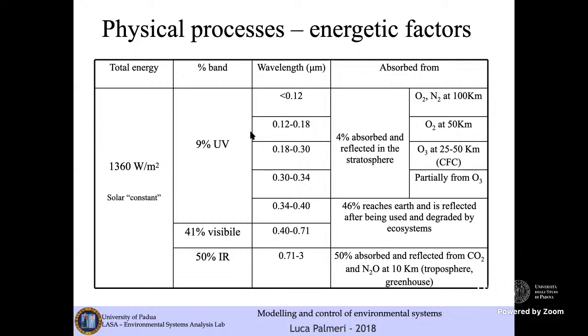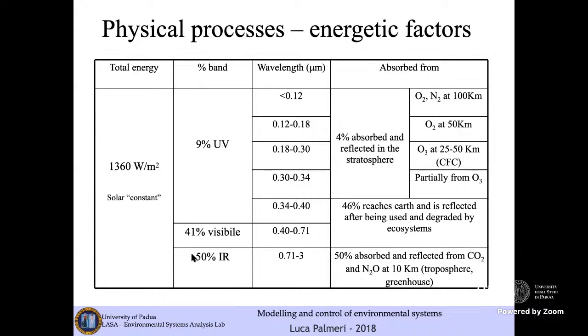In terms of different forms of solar energy, we may say that of 1,360 watt per square meter, what is the solar constant, at the intermediate distance Sun-Earth, this radiation may be subdivided into some different intervals.